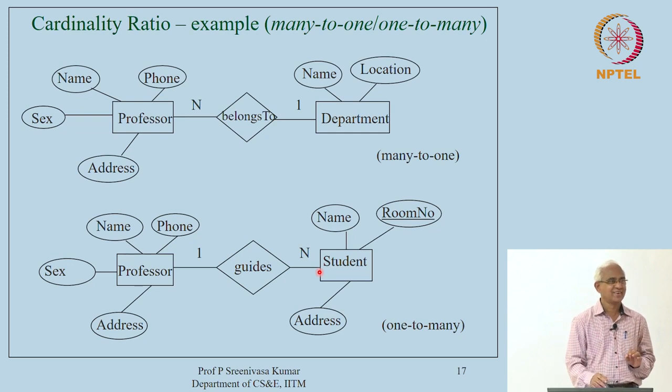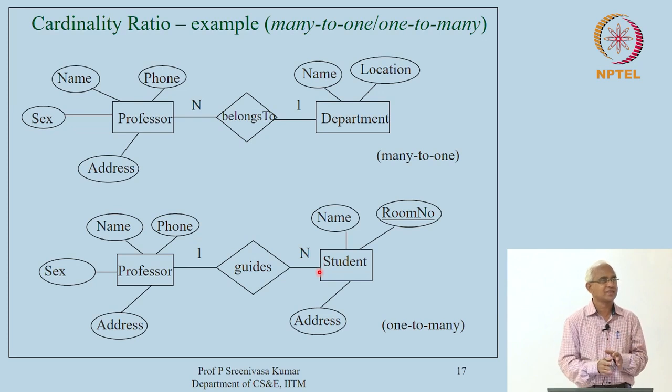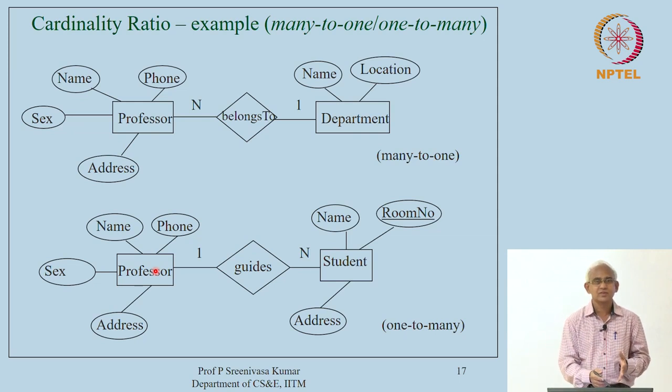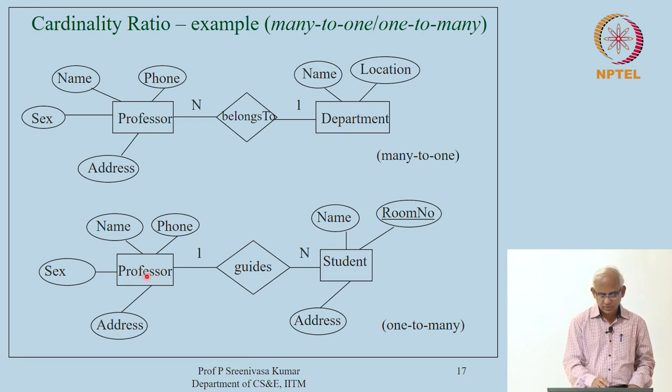If multiple professors guide the student, maybe there is a lot of confusion. And in order to cater to many students, the institute says that each professor should guide many students. So, the association between professor and student captured by guides is a typical example of a one to many relationship.